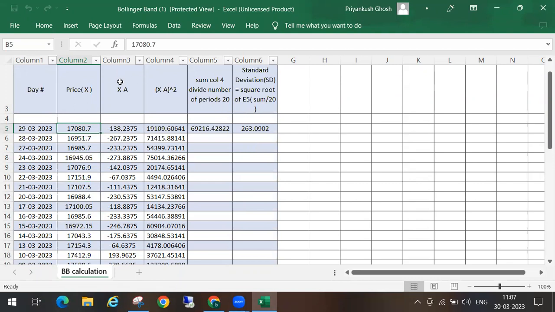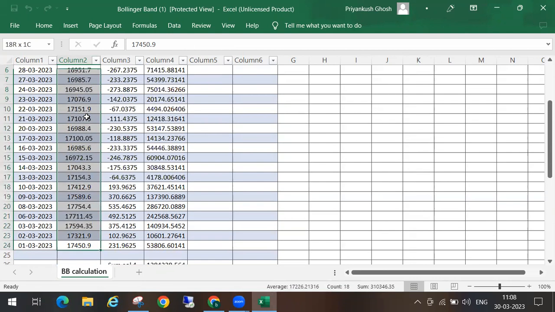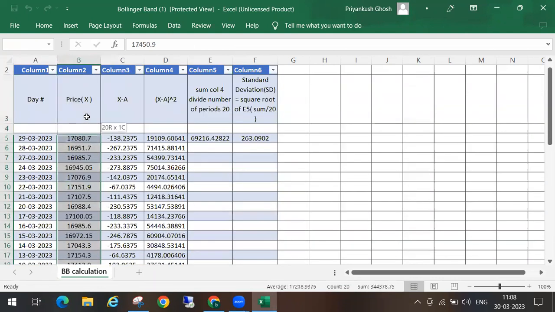So now my first column calculation, what is this? X minus A. Now what is A? X is this column 2. A is my simple moving average, the 20-day simple moving average. So what is this simple formula? Average B5 to B24, this entire range. So the average of the last 20 trading session closing price of Nifty.